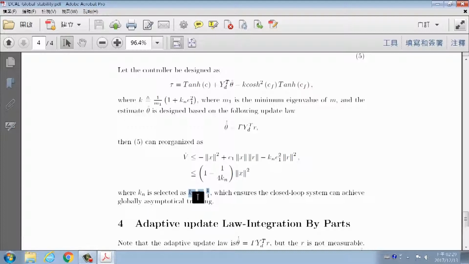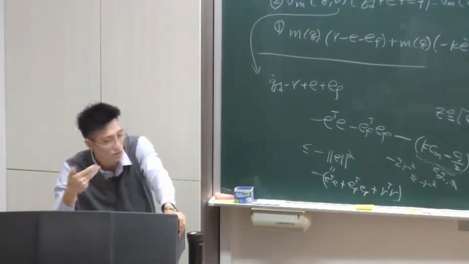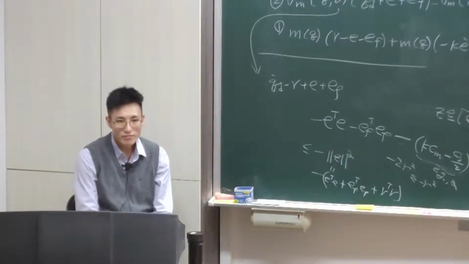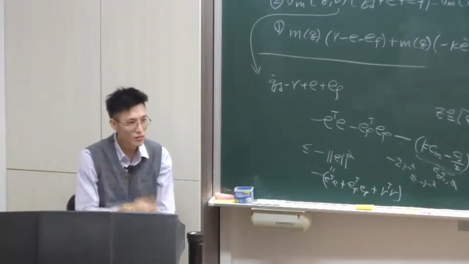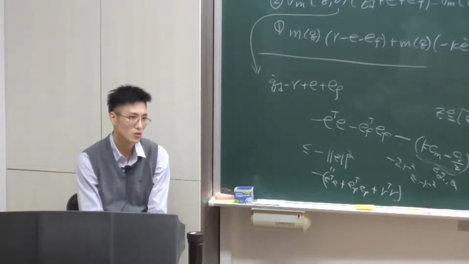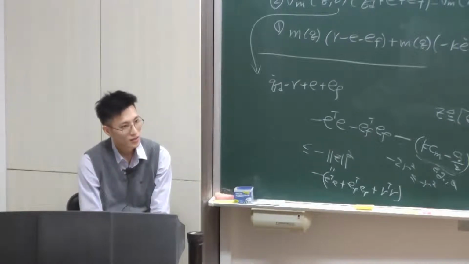Okay, using Barbalat's lemma. I think any of you play baseball, right? Or you know the rule of baseball, right? And usually the scouts sit on the side, they will use a laser gun to detect the speed of the pitcher, right? The ball coming from the pitcher, right?